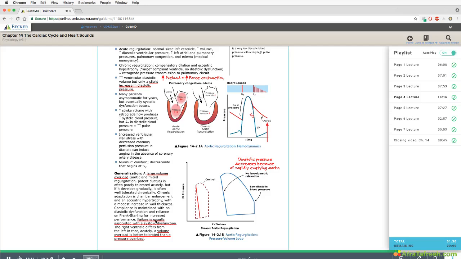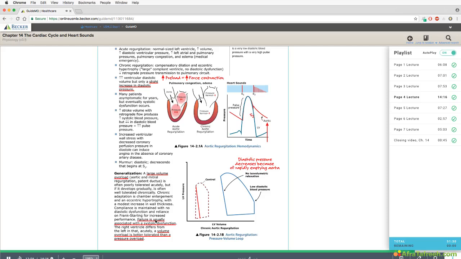Now, suppose instead they said diastolic murmur. If you're dealing with these 4 disorders, again, there's just 2 possibilities. Number 1, it is aortic regurg. That's a possibility. Number 2, it could be mitral stenosis.